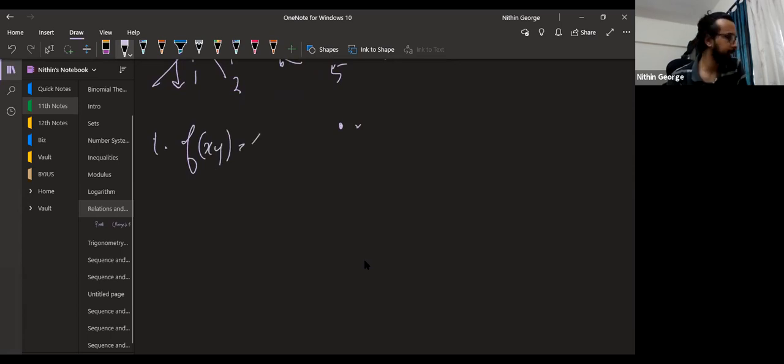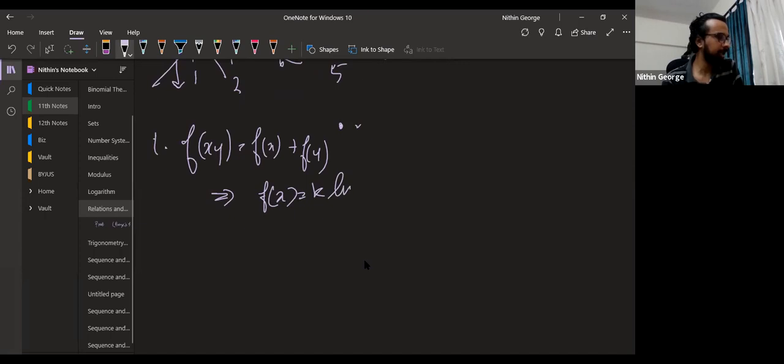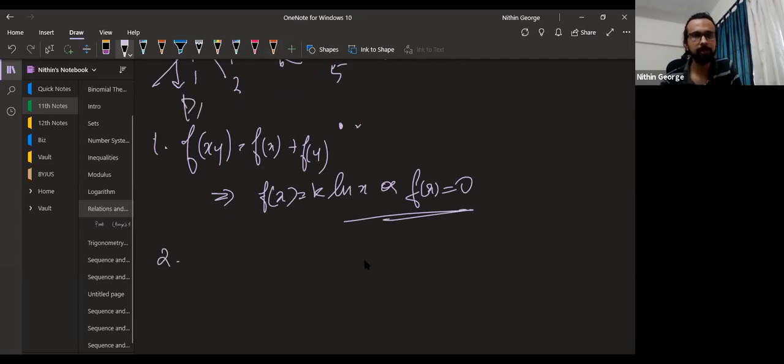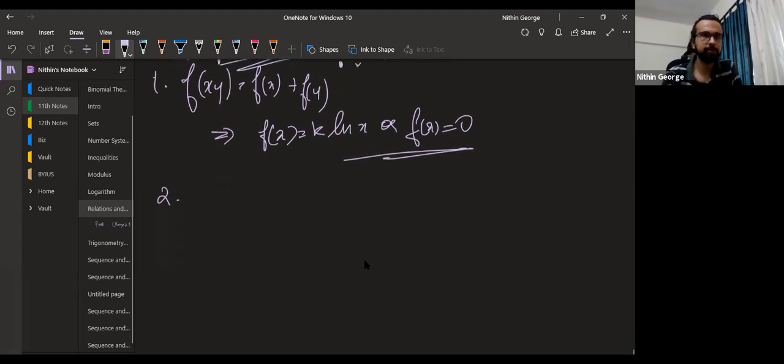Then f of xy equal to f of x plus f of y implies that f of x equal to k ln x or f of x equal to 0. Keep this in your mind. X and y are independent variables. These are some properties I want you to note down. Okay. Note them down first.